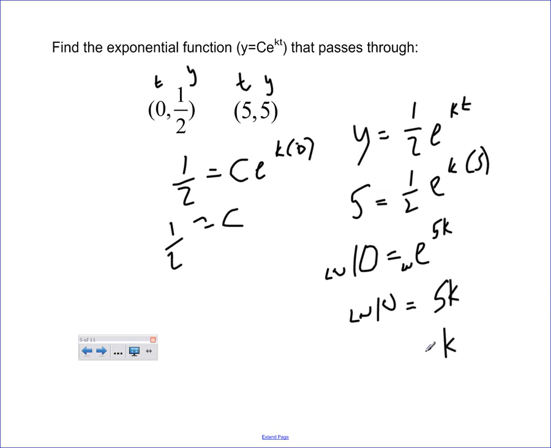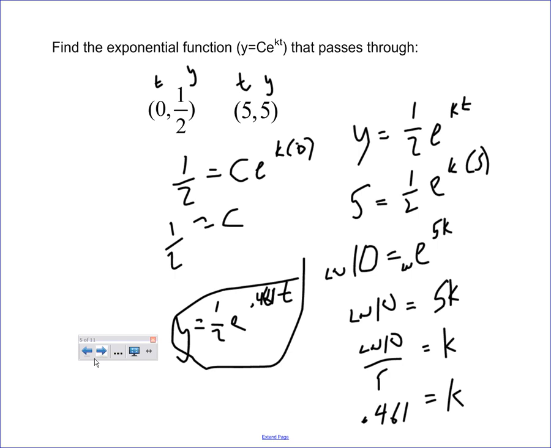If I want to know what k is, I take the natural log of 10 and divide it by 5. If I had a calculator nearby, I would grab it, and I'd come back and quickly figure out what the natural log of 10 is, and then divide that by 5, and I'd get k is roughly 0.461. You can verify that if you like. K equals 0.461. And so my equation is y equals 1/2 e to the 0.461t.